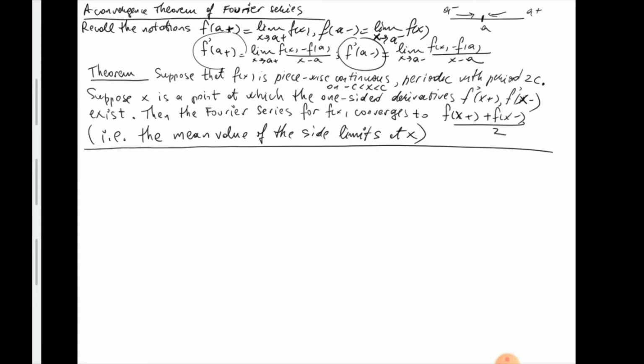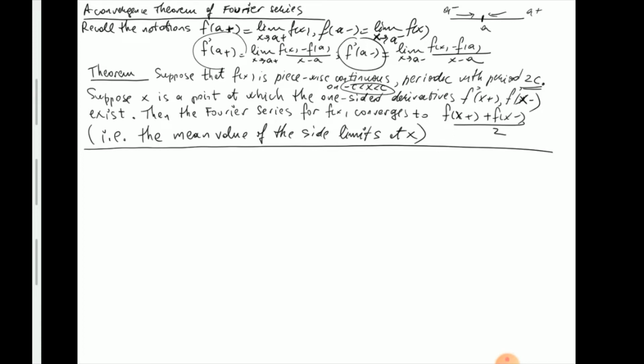So what about the convergence? Suppose you have a function with the properties we already used in order to compute those Fourier series. Let's say the function is piecewise continuous on a symmetric interval minus c to c, and periodic with period 2c. Remember, you can also obtain that periodic function by extending the original function.